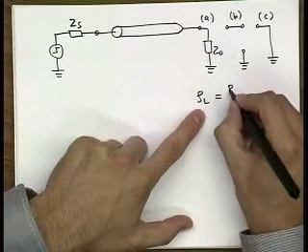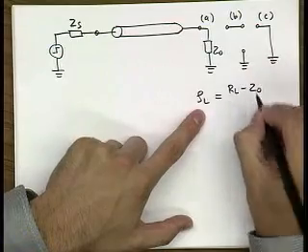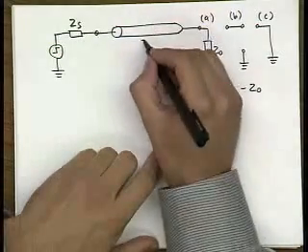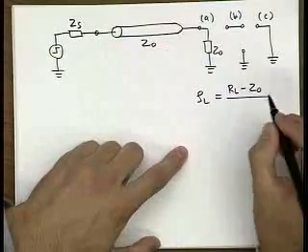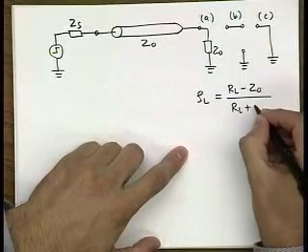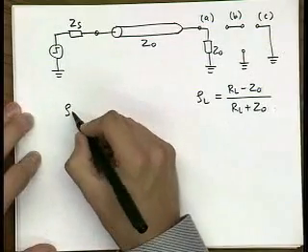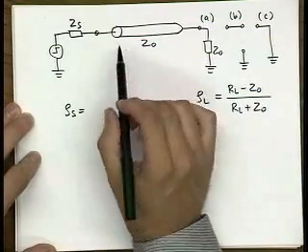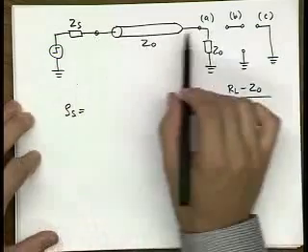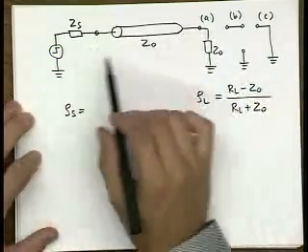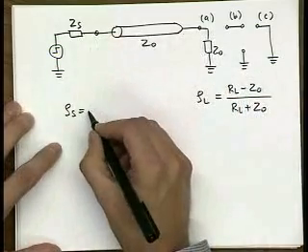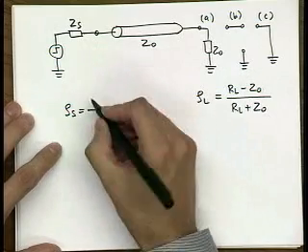That is the load resistance RL minus Z naught, where Z naught is the impedance of this wire, over RL plus Z naught. Likewise, we also define the reflection coefficient at the source, because we will really have to propagate back and forth and reflect our signal around before we reach the final value.